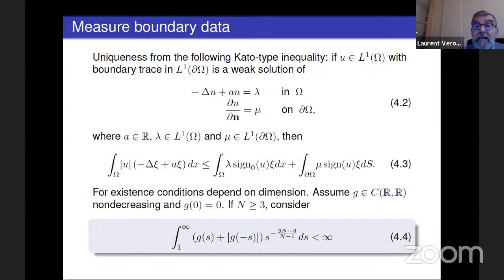For n bigger or equal to 3, I consider this expression, which I call the weak singularity condition: the integral from 1 to infinity of g of s plus absolute value of g of minus s, times s to the minus (2n-3)/(n-1) ds, is less than infinity. I think it should maybe be (2n-3)/(n-2).